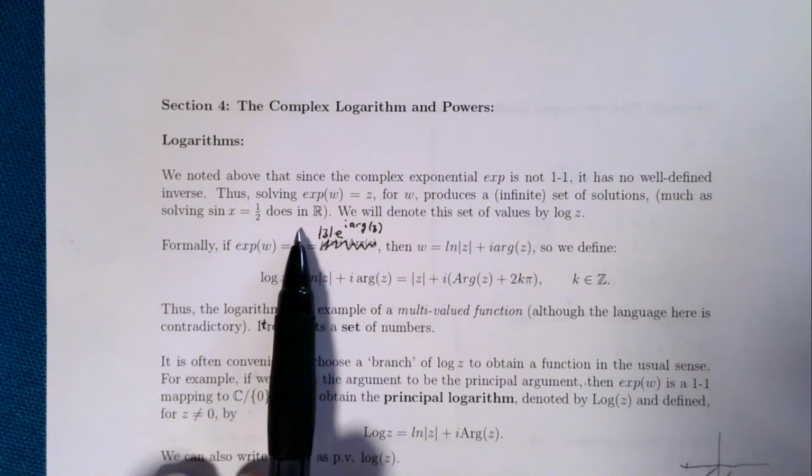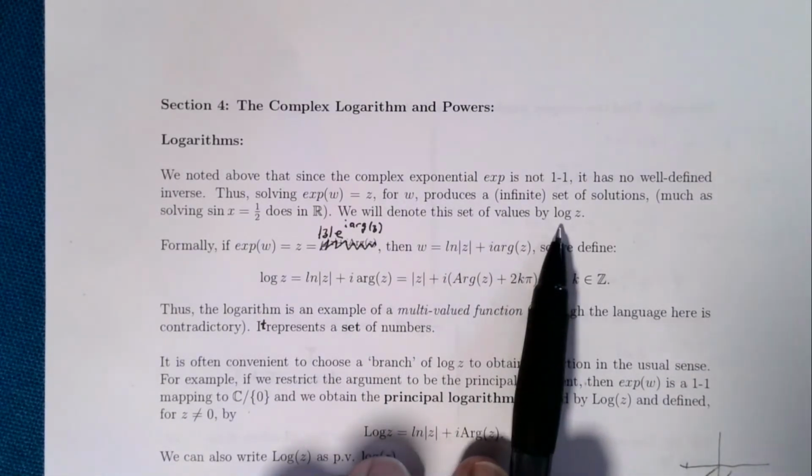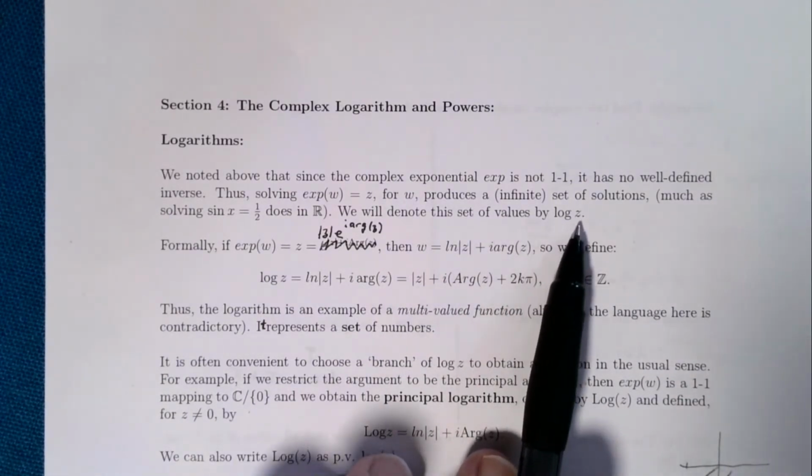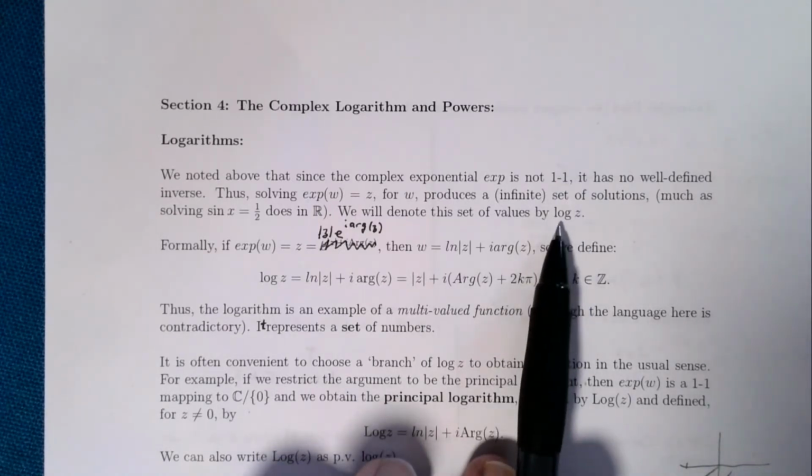And I'm going to denote this set of values by log z. This is small log of z. So when I write little log of z, I'm going to mean this complex, as we're going to call it, multi-valued set of values for the log of z.